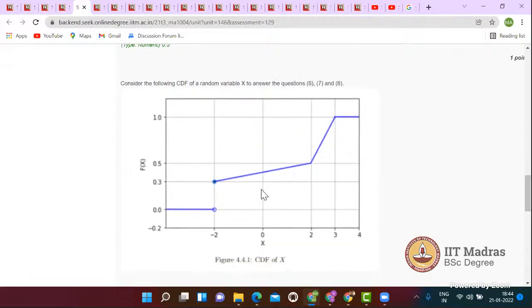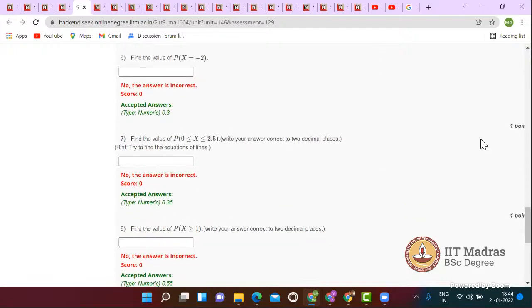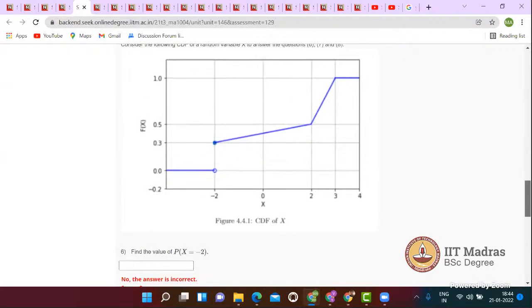And this is the CDF plotted. So from 2 to 2.5, what generally you have to do is calculate till 2.5 and then calculate till 0 and then just subtract that, right?